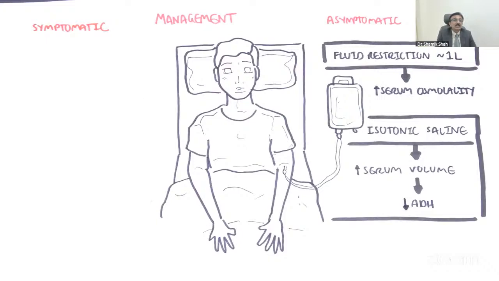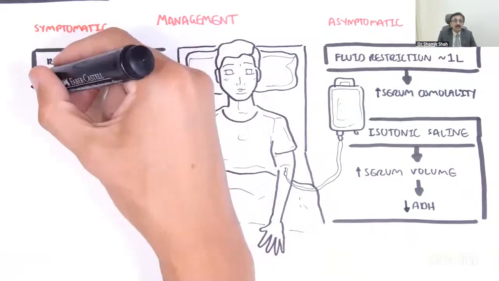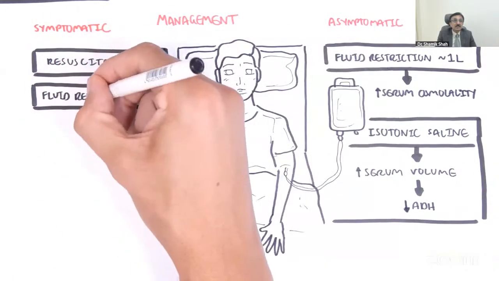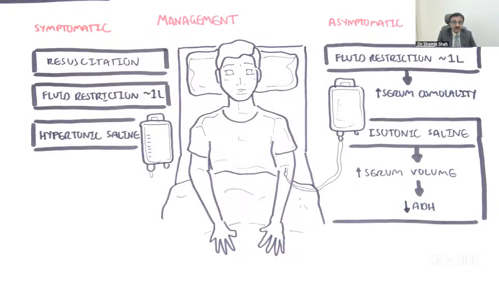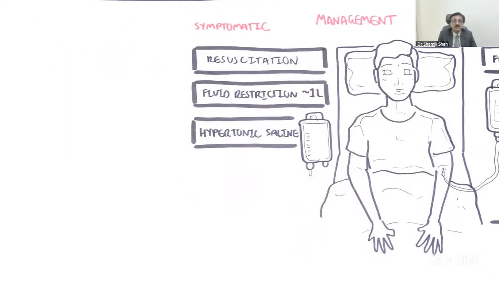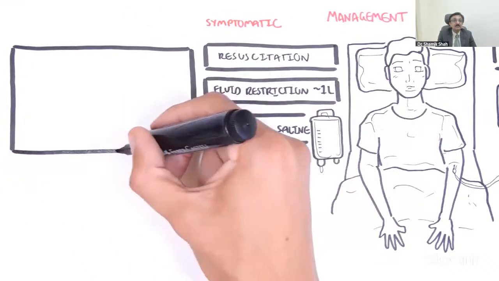However, in severely symptomatic patients, or when the sodium level is below 120 millimoles per liter, quick resuscitation is required, usually in the form of fluids. So rapid fluid correction is required, and most of the time we require hypertonic saline, which is 3% sodium chloride.